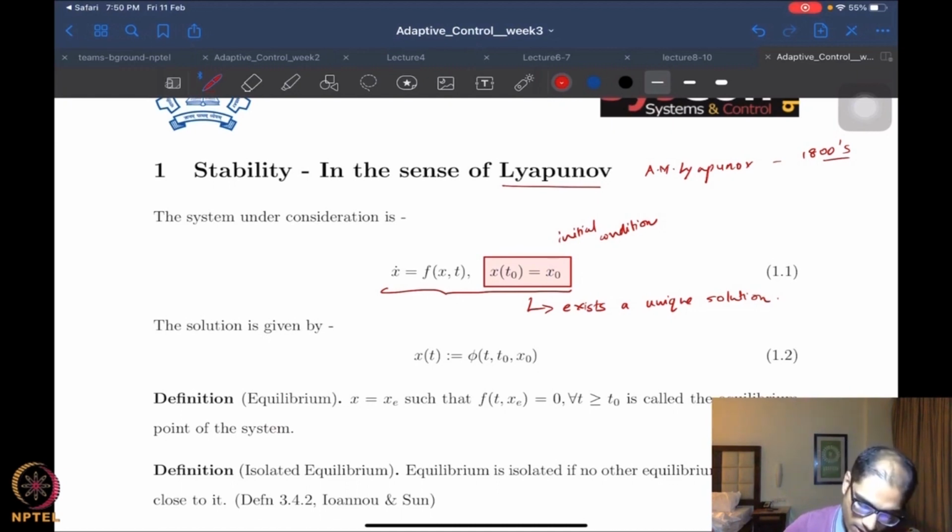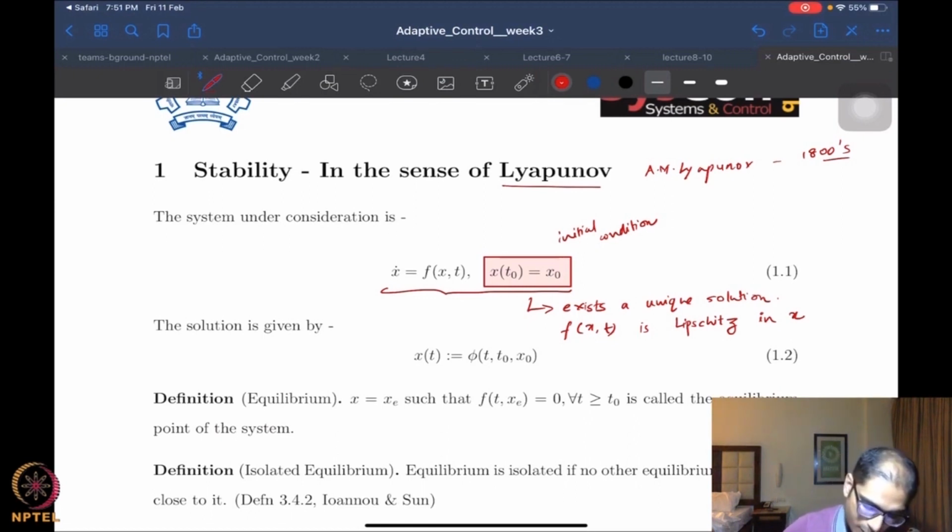This means that f(x,t) is Lipschitz in x. We need f(x,t) to be Lipschitz in the states. This is the requirement for solutions to exist and be unique.